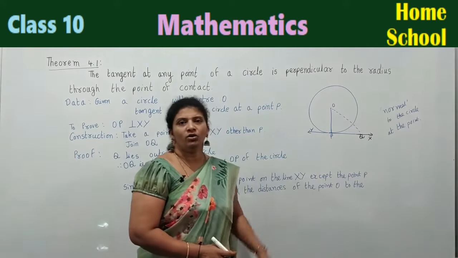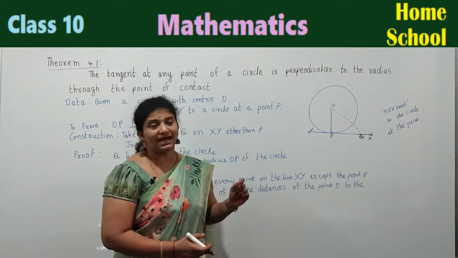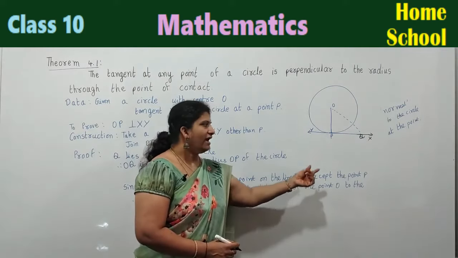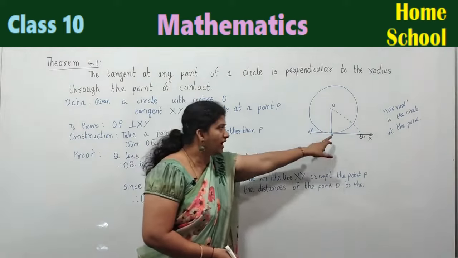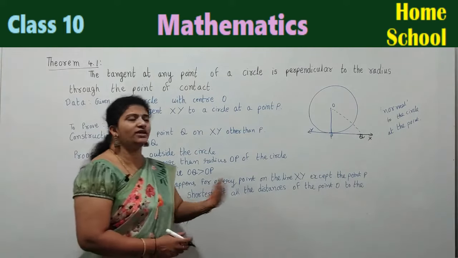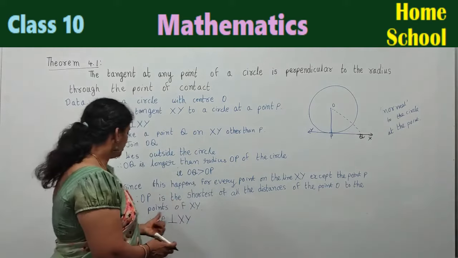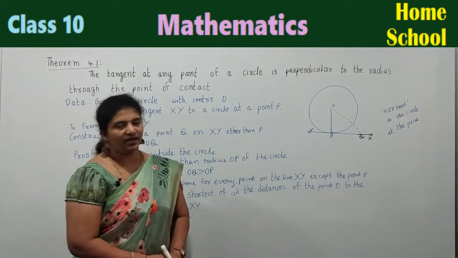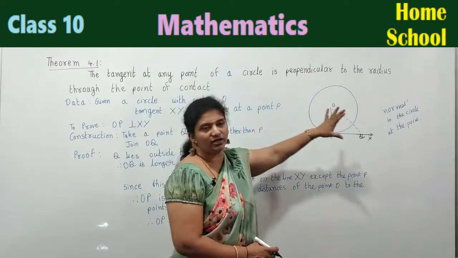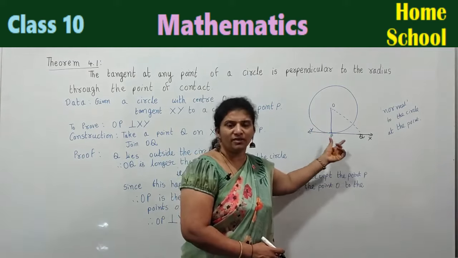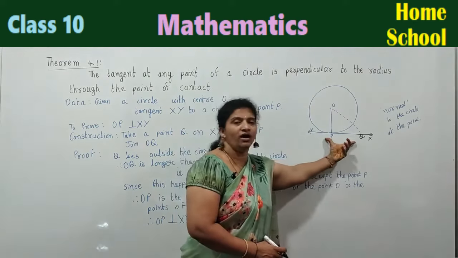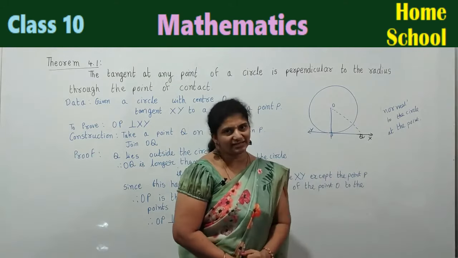Anywhere you mark Q, the length of OQ is greater than OP on the line XY except the point P. We should not mark Q on P. Therefore, OP is the shortest of all the distances from the point O to the points of XY. So, when you join, this is the smallest distance. Therefore, by the theorem, OP is perpendicular to the tangent XY.